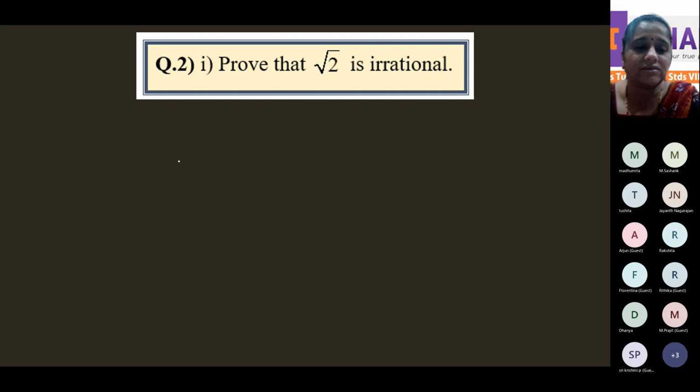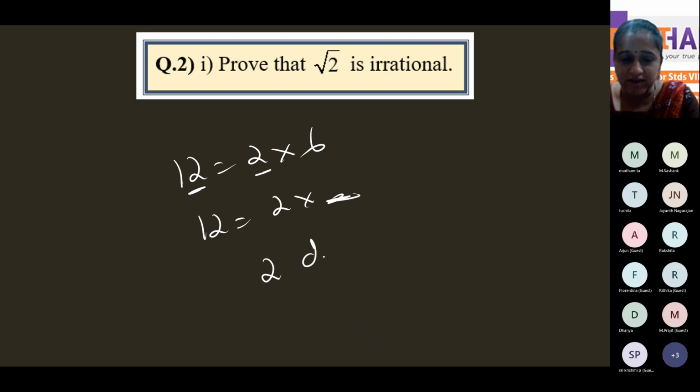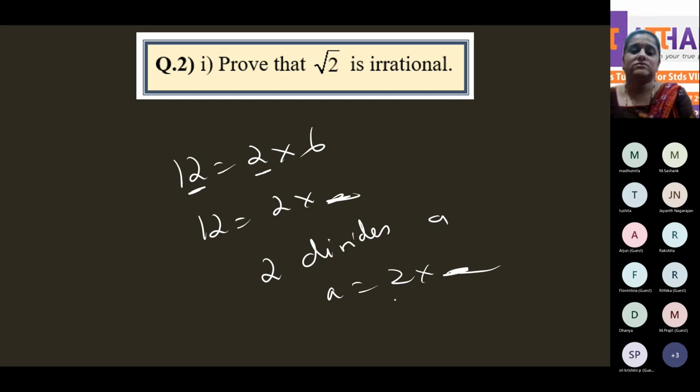Now, 12 is equal to 2 into 6. So 2 divides 12, right? You're able to write 12 as 2 into something. If 2 divides A, that means you can write A as 2 into something.